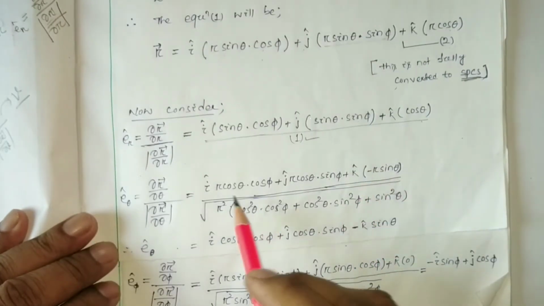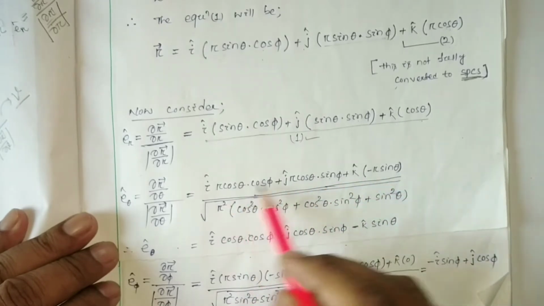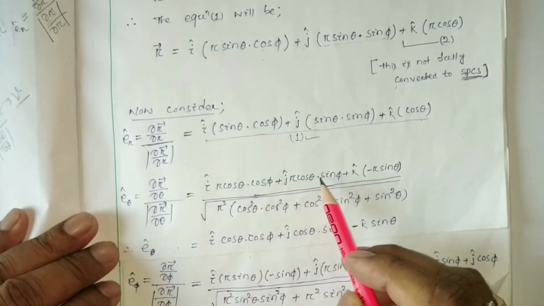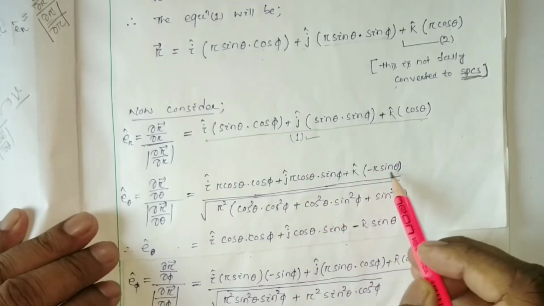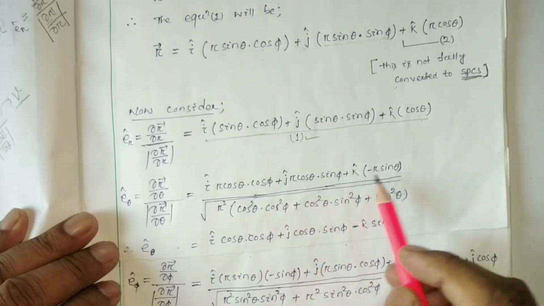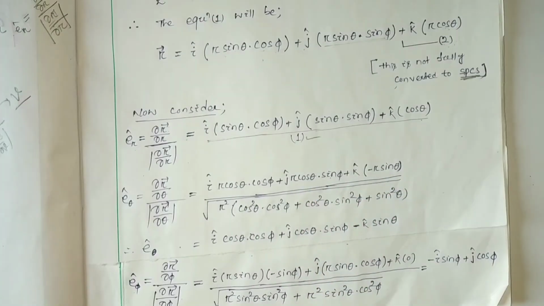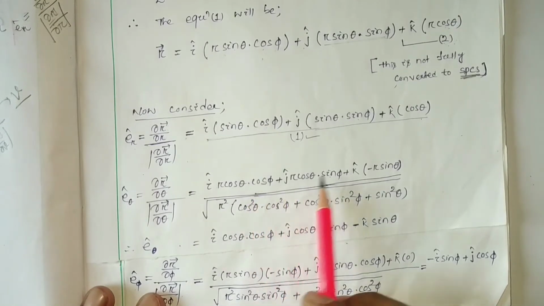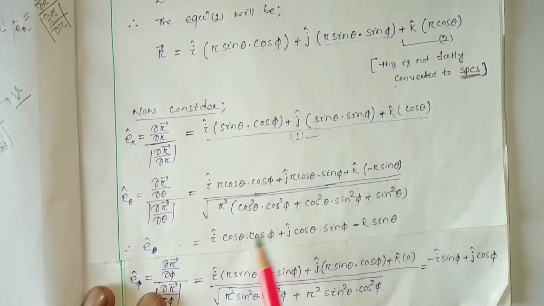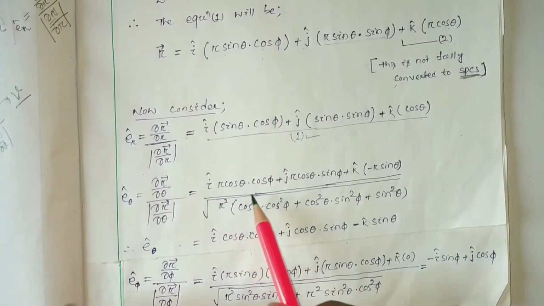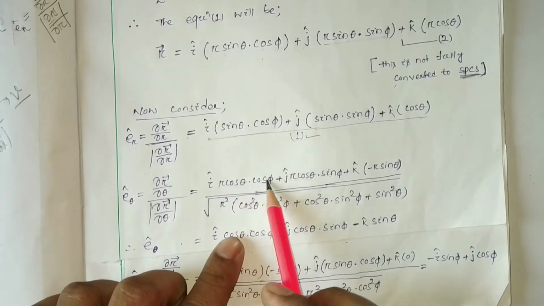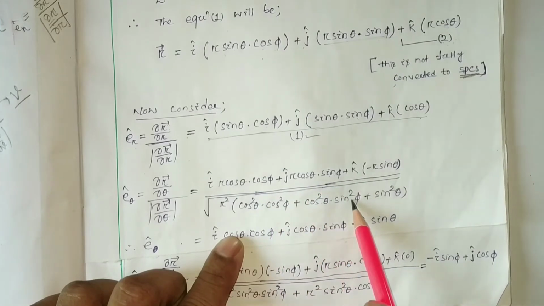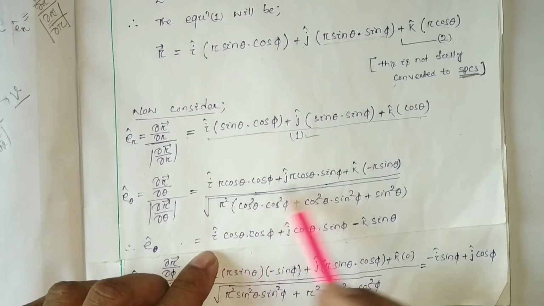Now we are going to consider its modulus. That means square of this one plus square of this one plus square of this one. So r square is common for all three terms and can be taken outside, and inside we get cos square theta cos square phi, cos square theta sin square phi, and sin square theta, whole root over.